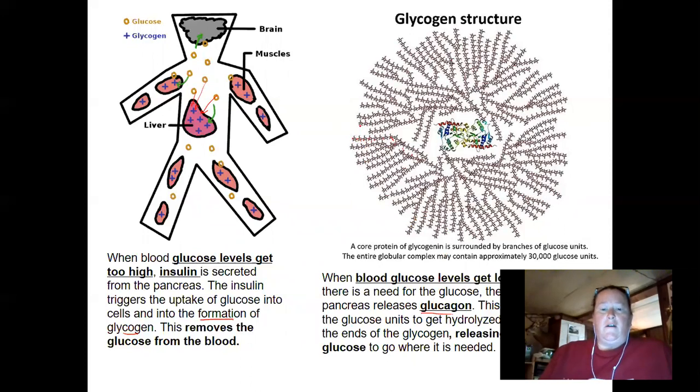So we go to our glycogen stores now, like, oh, my blood doesn't have enough glucose in it, so oh, here comes the glucagon, it's going to tell my body what to do, and this is what it does. It starts breaking these chains, and right off the end, the glucose comes off and goes into your body wherever it's needed. So it's really miraculous.